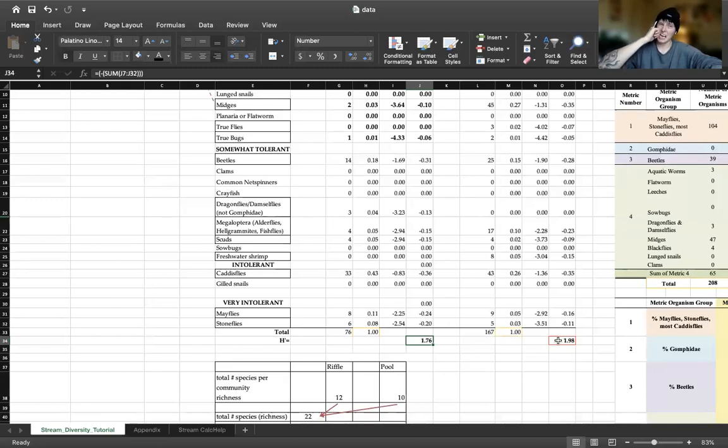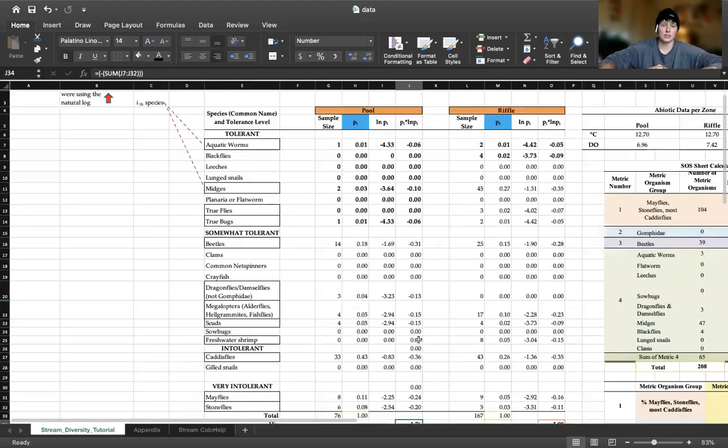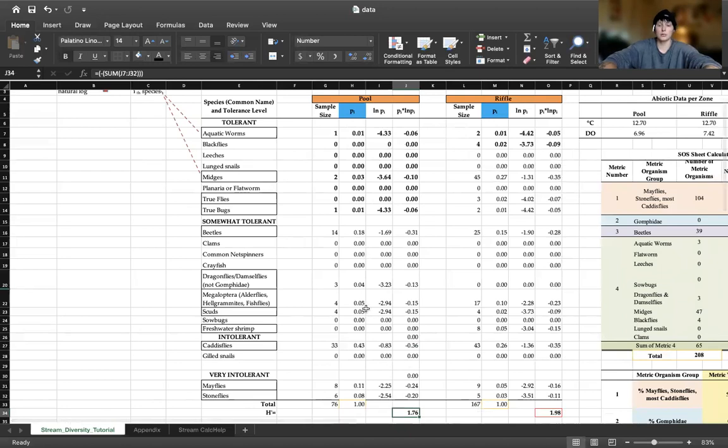And around, I think he said 0.6 or 0.3, I don't remember, would be 1 species. And if you have a Shannon index of 4, an example of that would be a tropical rainforest. So we have a Shannon index of 1.76 for the pool and 1.96 for the riffle.